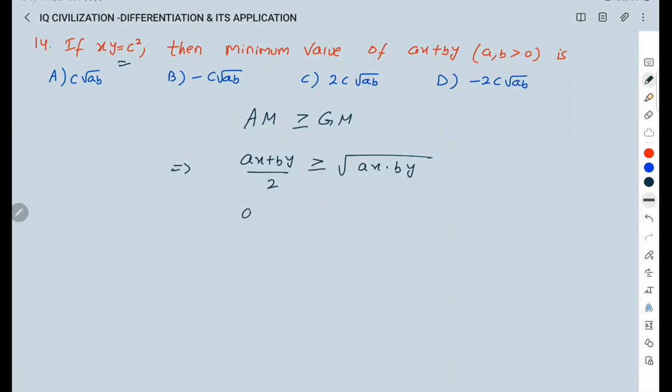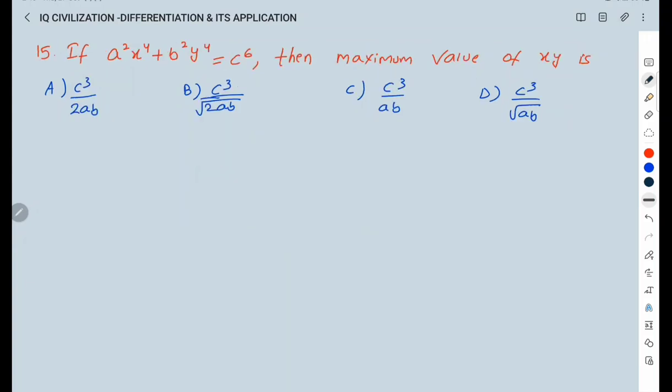So ax plus by is greater than or equal to 2c root over ab, because it is already given that xy equals c square. Over. Next one. A similar model: we need to find the maximum value of xy.